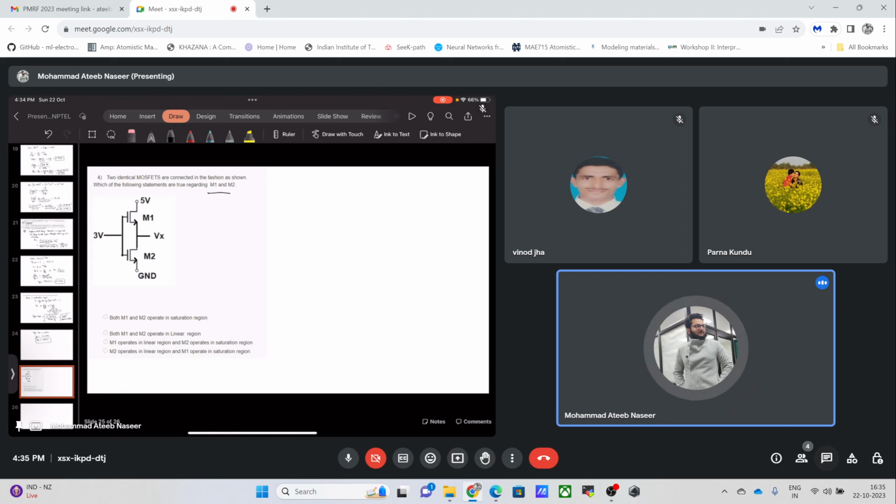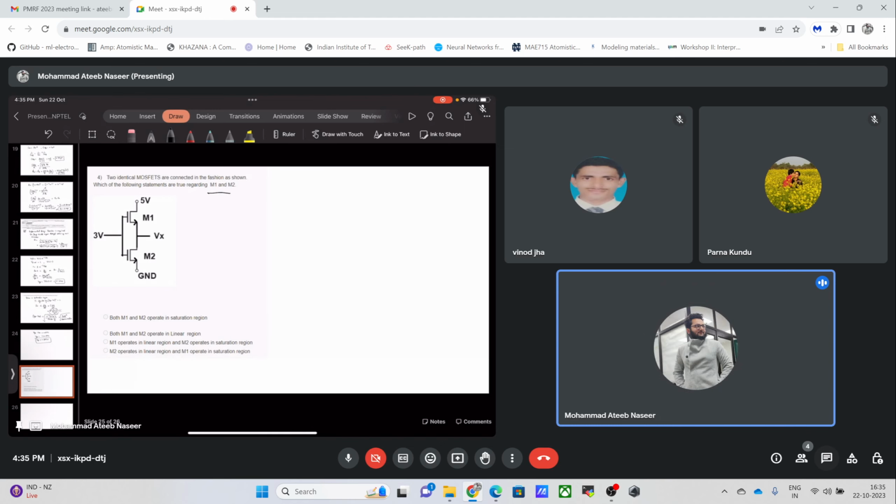What are the biasing conditions, whether M1 is biased in saturation, whether M2 is biased in saturation, and somewhat like that. We need to find out those things only.